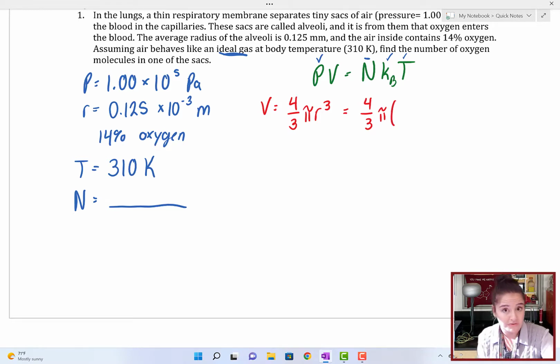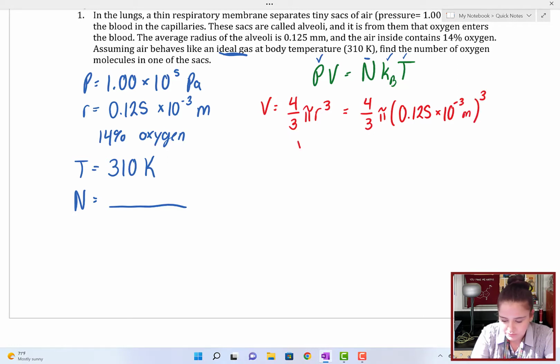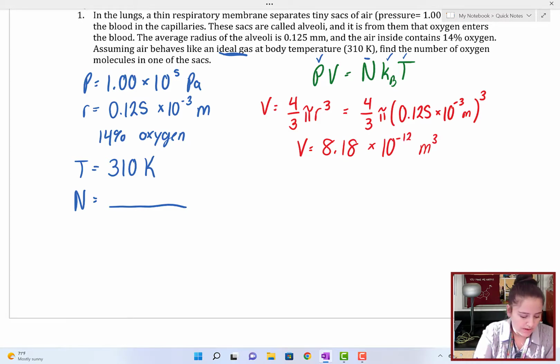This is on your AP Physics 2 reference sheet. So plugging in our numbers, we have 4/3 times pi times that radius, 0.125 times 10 to the negative 3, keeping it in meters, cubed, gives us a volume of 8.18 times 10 to the negative 12 cubic meters.